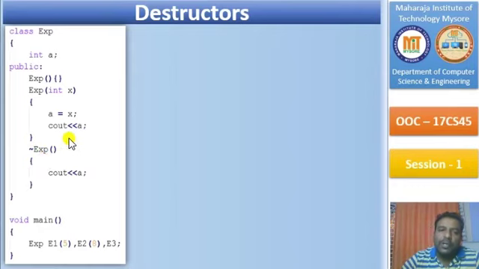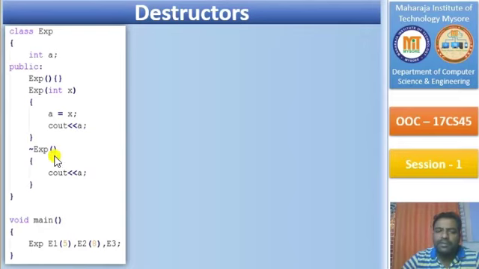If I have a function name the same as the class name, it becomes a constructor, and the same class name as the function name but with the prefix of a tilde character becomes a destructor. And this destructor will not take any parameter, not even a single one. It will always be zero parameters.